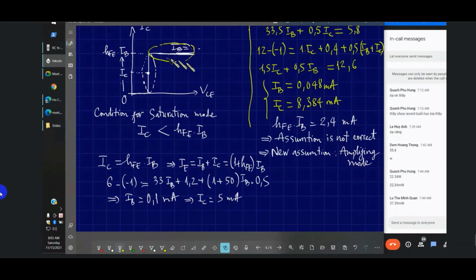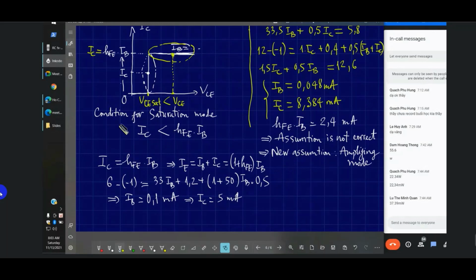It would have the constant HFE multiplied with IB as IC here. But for the VCE, you take one point here, you refer to the VCE axis, you will see the limitation would be the minimum for this is VCE saturation. So VCE here would be greater than VCE saturation.